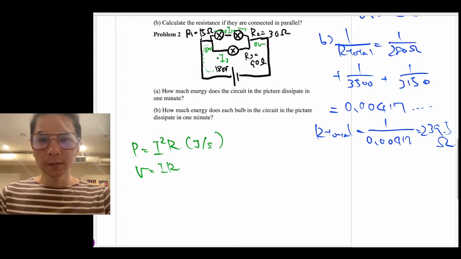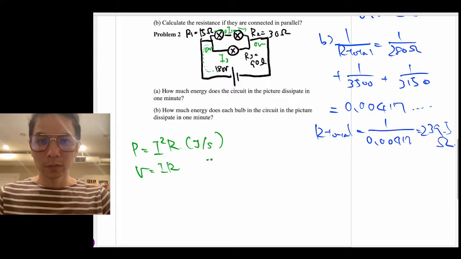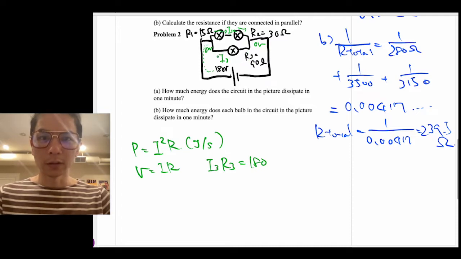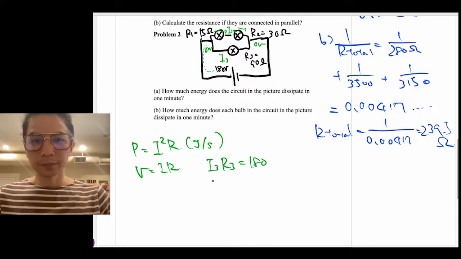So let's calculate R3 first. Here, the current going through R3 has a voltage difference of 180. If you compare the starting point and end point, the difference is 180.